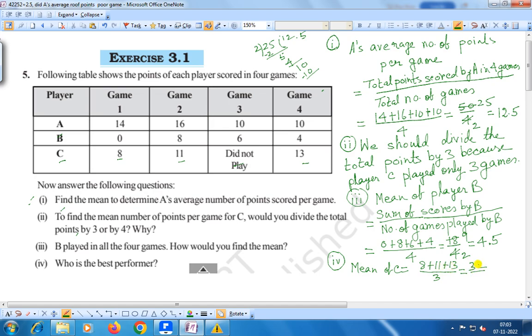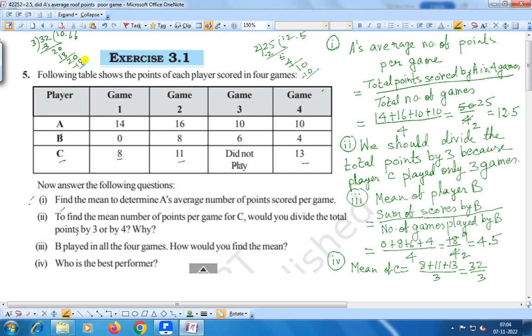So it is 32 by 3. Now if we divide 32 by 3, 3 ones are 3, 2 comes here, then 0, we put a point, then 6 threes are 18, continue again, 6 threes are 18.